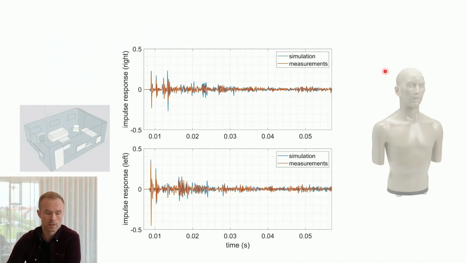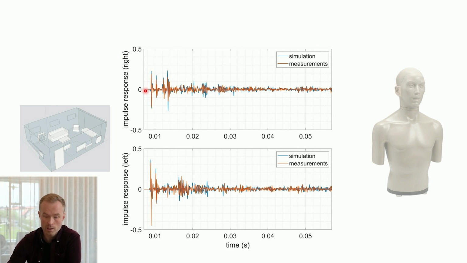We've done this study in a fully furnished room where we did measurements. You can see the rendering of the room on the left here, and we placed this KEMAR mannequin into the room. We then ran a simulation where there was no KEMAR inside the room, and then in post-processing added the KEMAR with binaural microphones into the simulation using a DRTF.